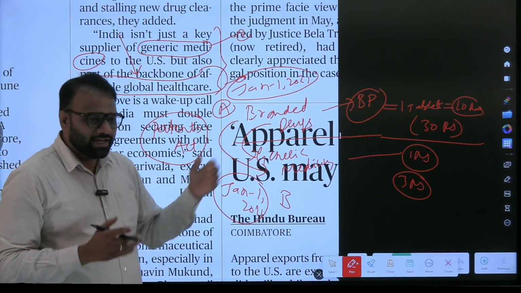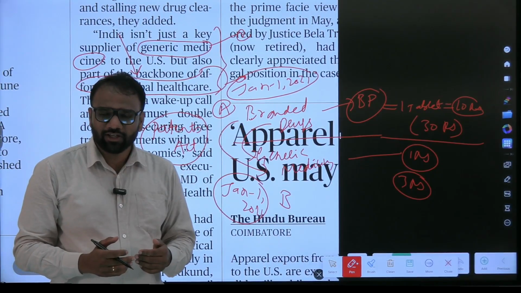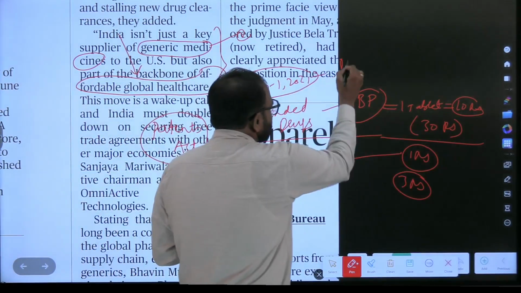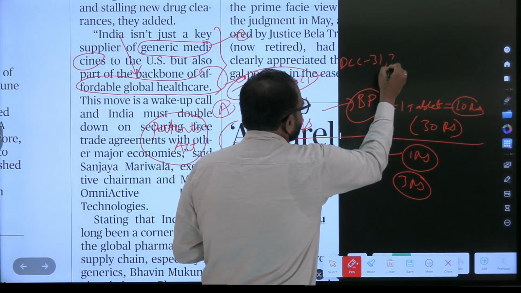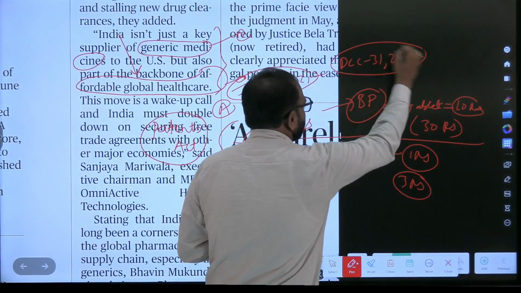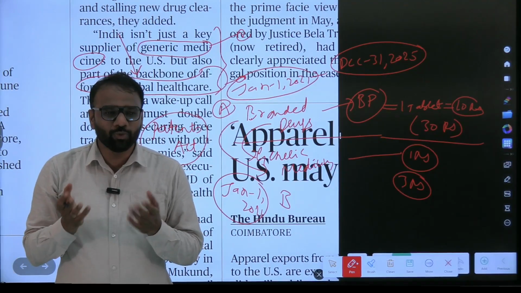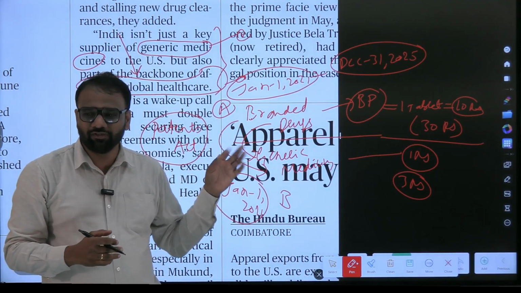Means person A will start selling today, so at least for 5 years, that is till December 31, 2025, no person should be given permission to manufacture the duplicate or copied version of the same drug.